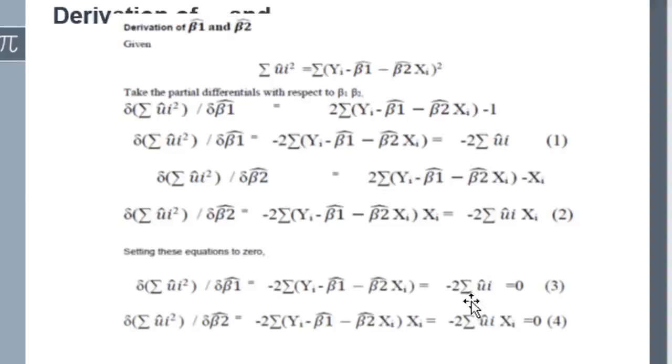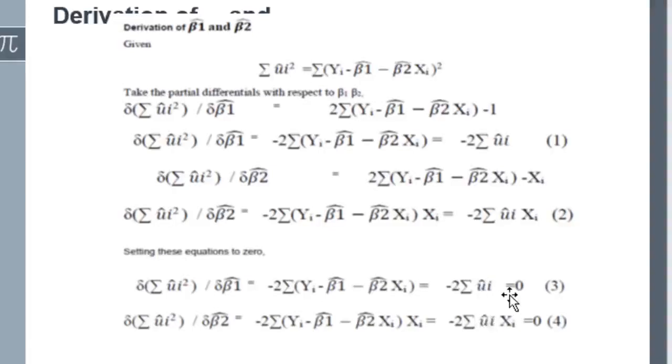In these equations we can see that minus 2 into sigma ui cap equal to 0 and minus 2 into sigma ui cap xi equal to 0. Minus 2 can never be 0, so only this component can be 0. Here also, minus 2 can never be 0, only this term can be 0.